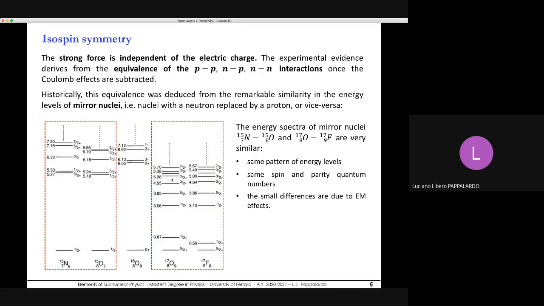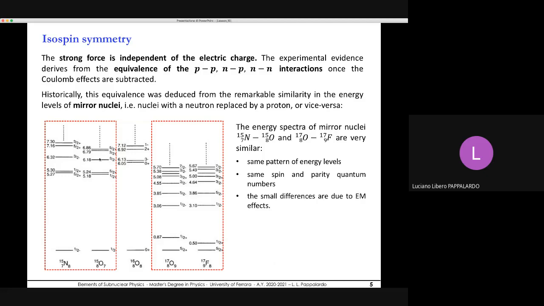Now, if you compare the pattern of the energy levels for these nuclei, you see immediately that for the case of mirror nuclei, so either this pair or this pair, the pattern of energy levels is extremely similar. Not only in the energy levels, but also in the spin and parity quantum numbers. There are, of course, a few differences.